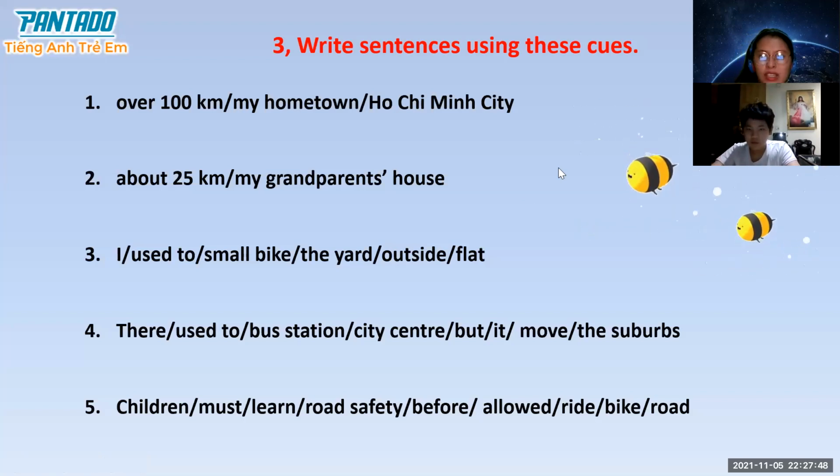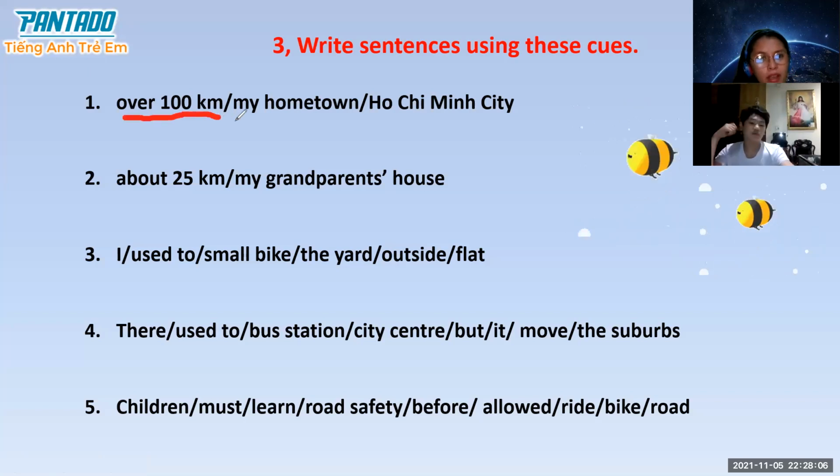Same as a while ago, you need to write the sentences using the different cues. As you can see in the example, for number 1, the cues are: over 100 kilometers, my hometown, Ho Chi Minh City. You just need to create an understandable sentence using those cues.